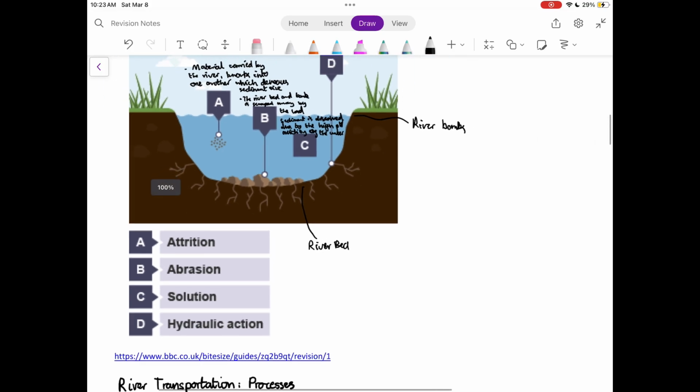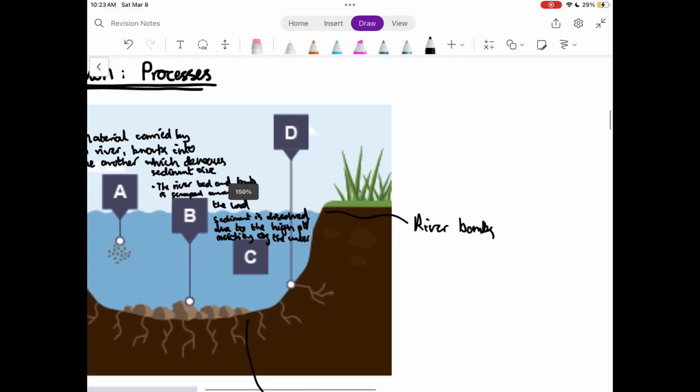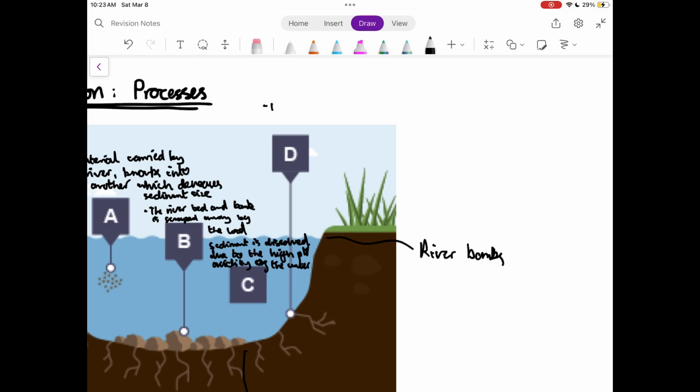And the final thing you need to know is hydraulic action. So this is the force of water and air getting into the cracks of the bed and banks.